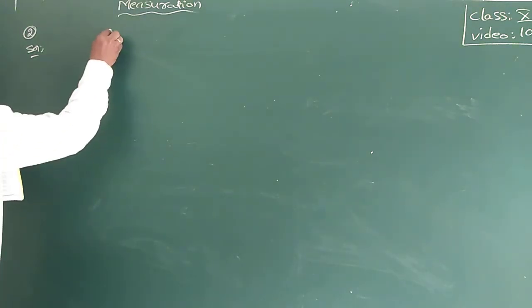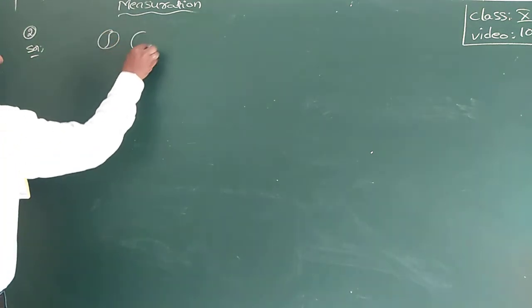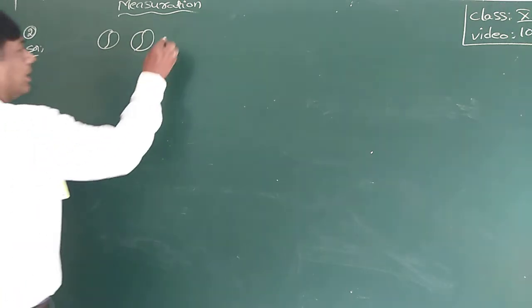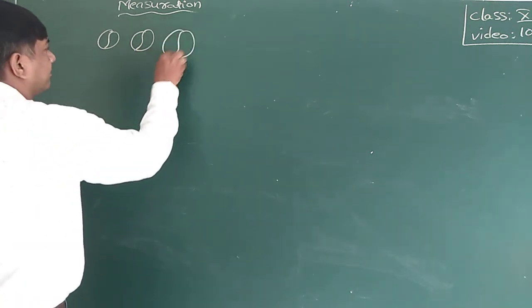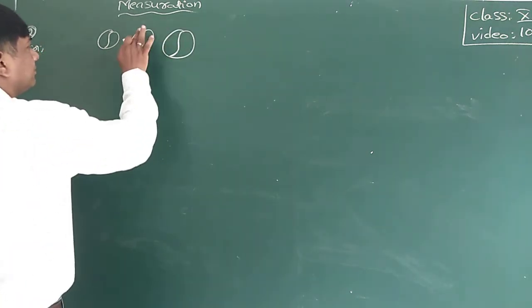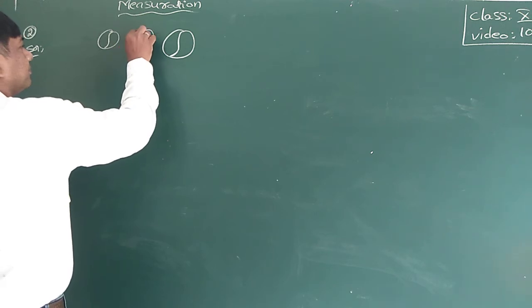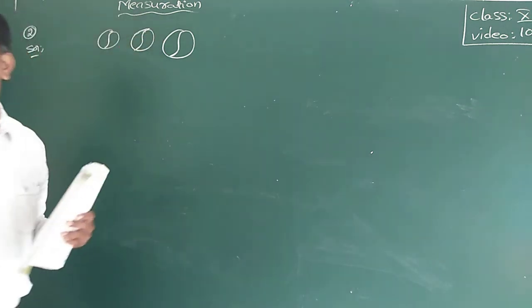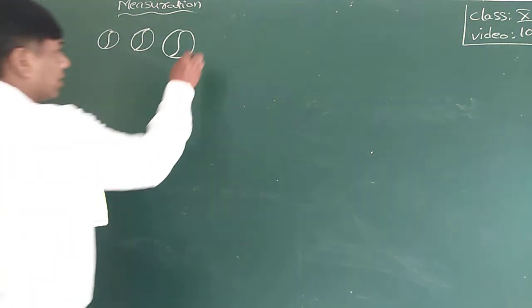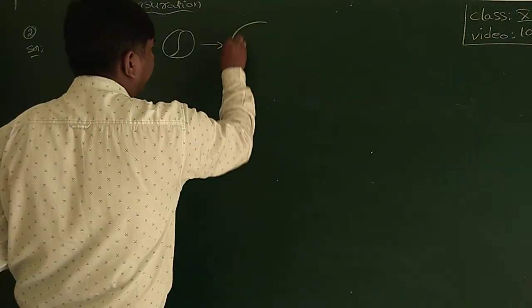One single sphere. So this is the first sphere, second sphere and third sphere. Okay, 3 spheres you are going to make into a bigger one.